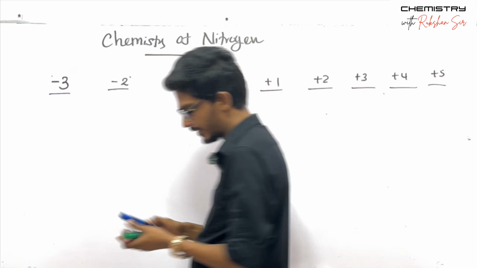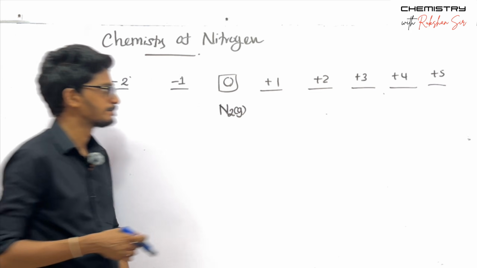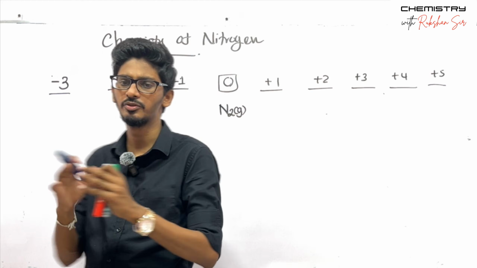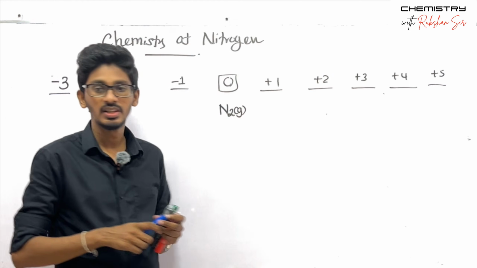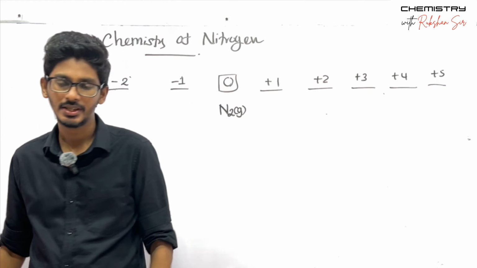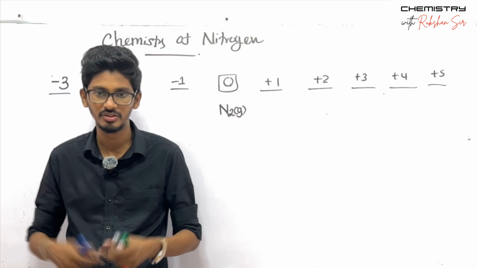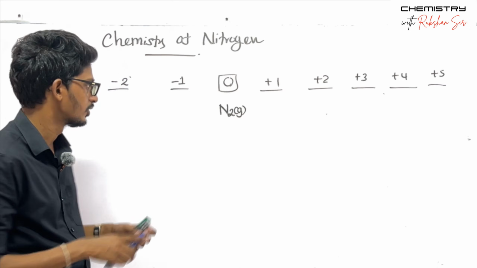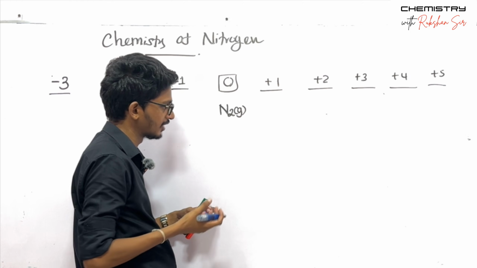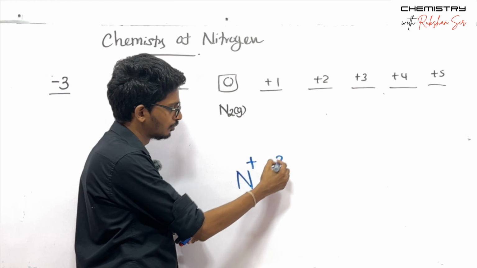When it comes to positive oxidation states, there is actually no need to remember the molecules. We can come up with the oxides for all the positive oxidation states. If you are thinking of the +1 oxide, it is N plus 1 and oxide means O2 minus.